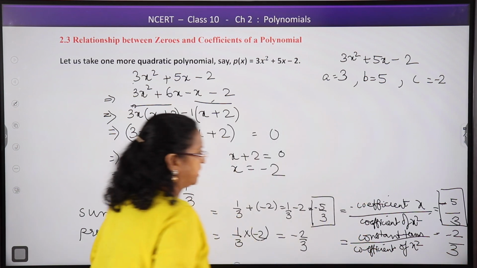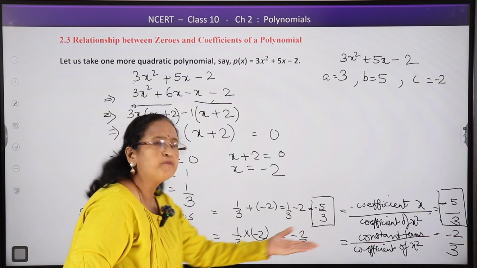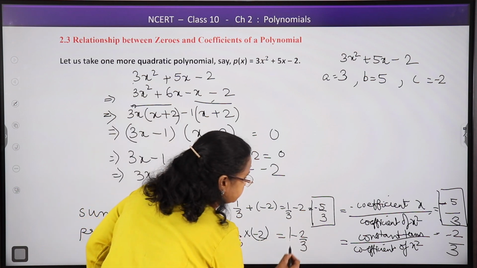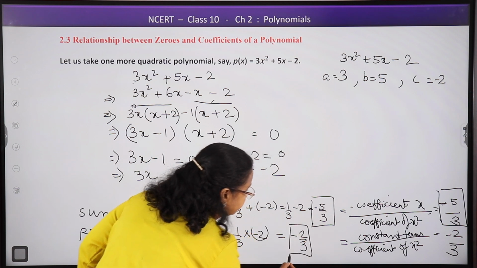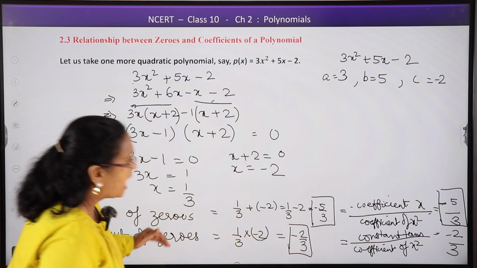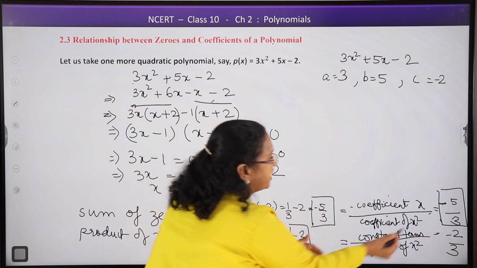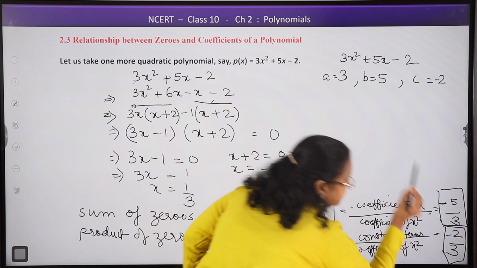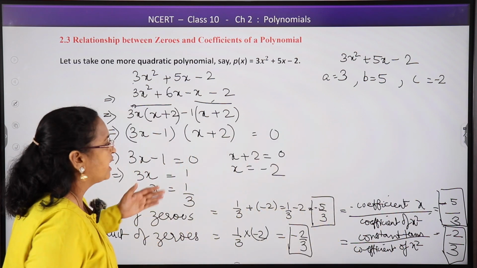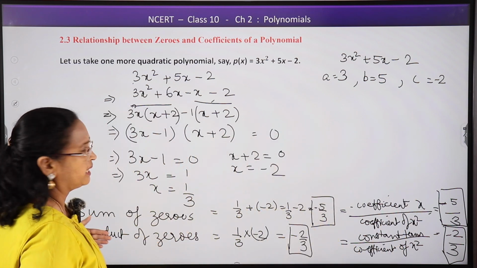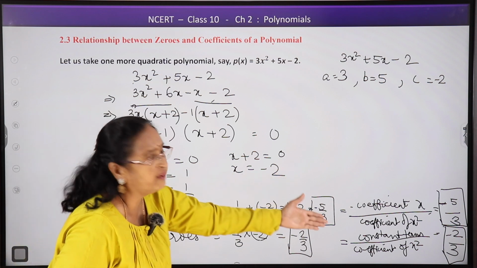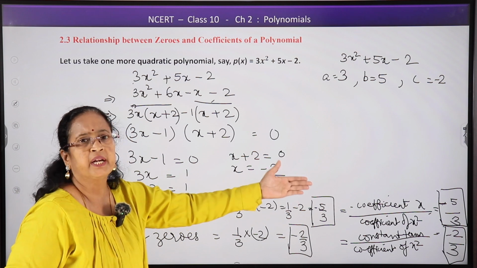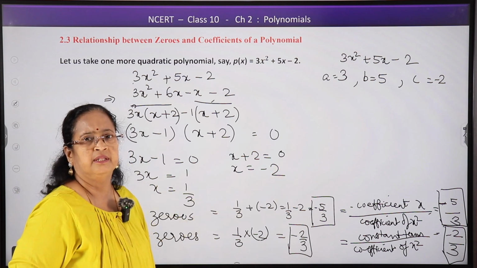Minus 2 by 3. Are we getting the same answer? Yes, absolutely. Where we found the product of zeros it is minus 2 by 3, and with the coefficients we got minus 2 by 3. This is what we are showing, the relationship between the zeros and the coefficients of the polynomial. In both cases, we are getting the same answer.